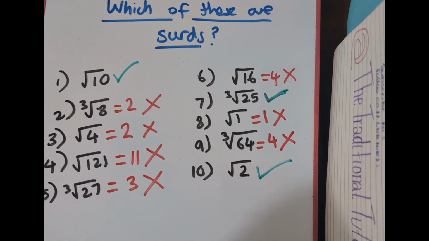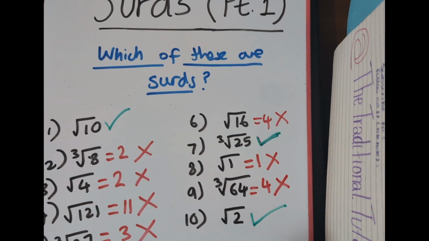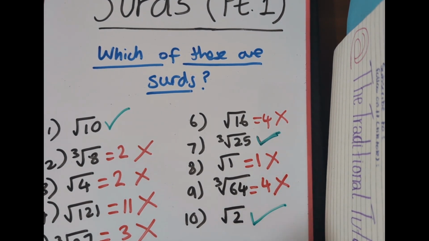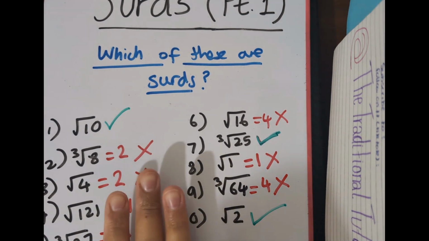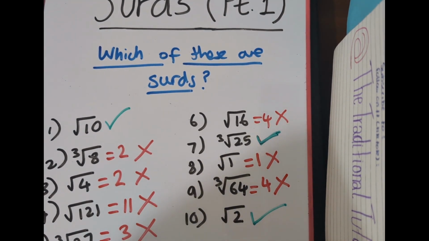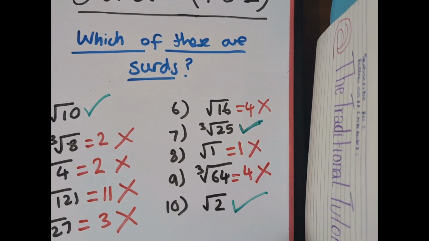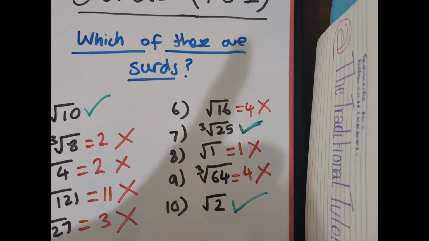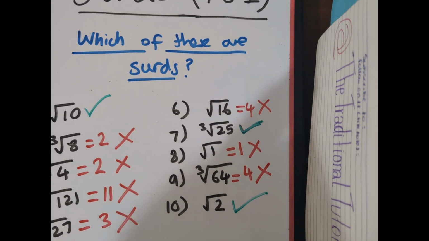Before we jump into the harder tutorials about rationalizing surds, simplifying them, and doing calculations with them, it's really important that you understand the basics, which is what on earth is actually a surd. So just to reiterate, a surd is the answer to a root, and that root could be a square root or a cube root as well, and the answer is an irrational number.